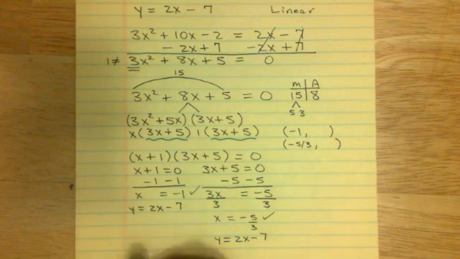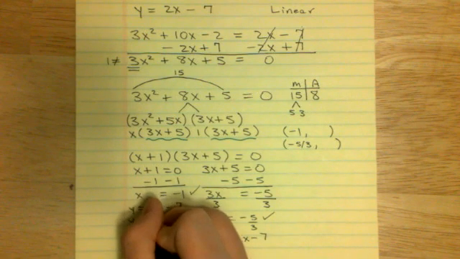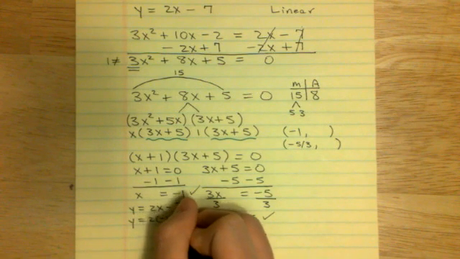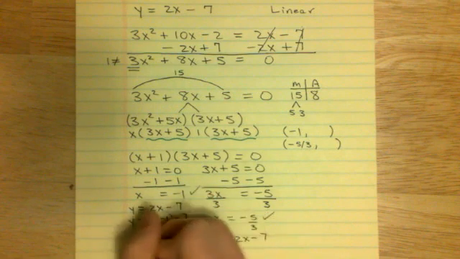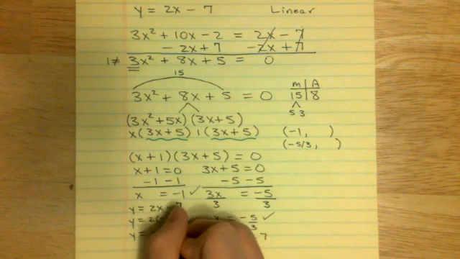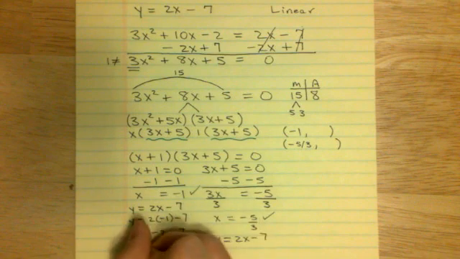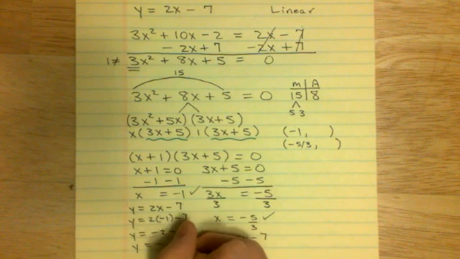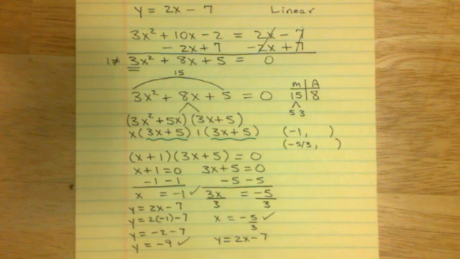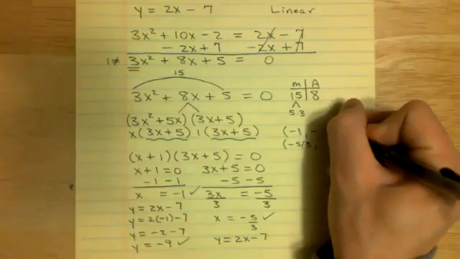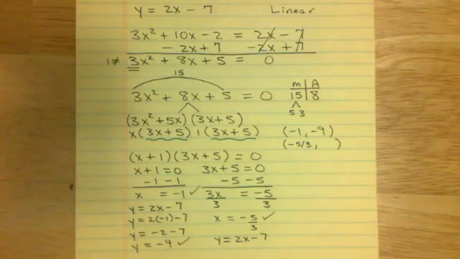So I plug in negative 1, and what do I get there? 2 times negative 1 minus 7. That's going to be negative 2 minus 7, which is negative 9. So I'm going to take that negative 9 and put it next to the negative 1 here. So I know what my first point is going to be.